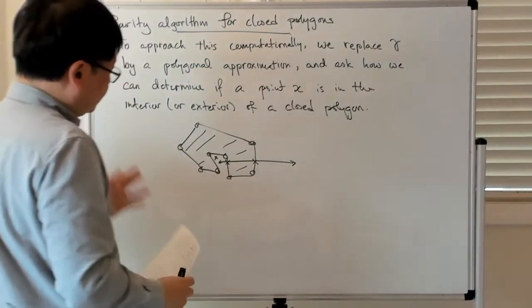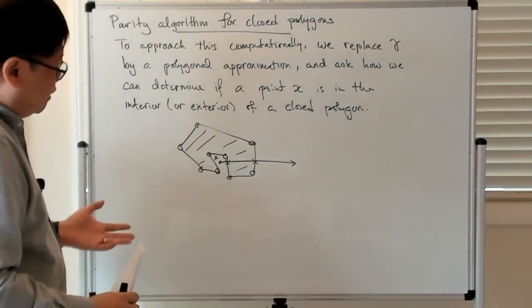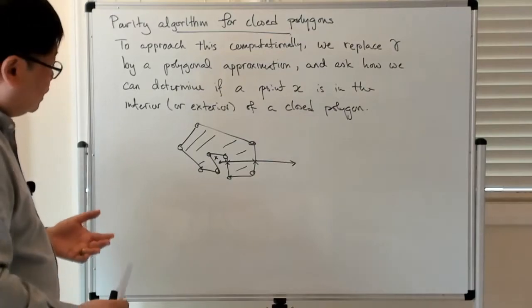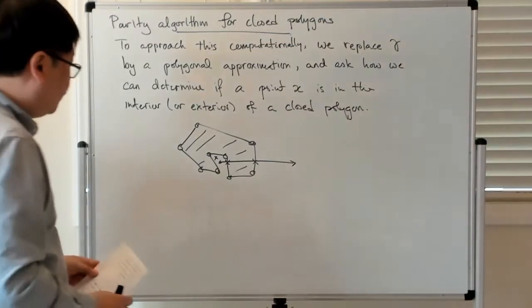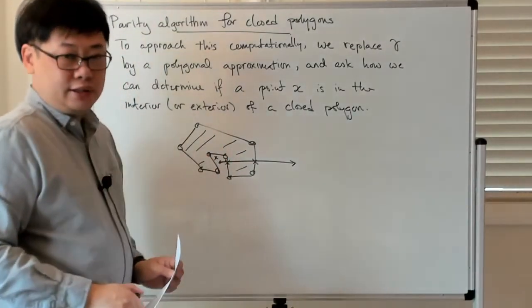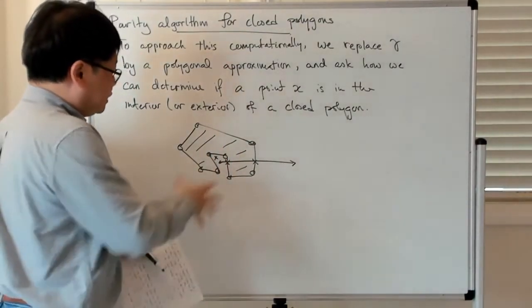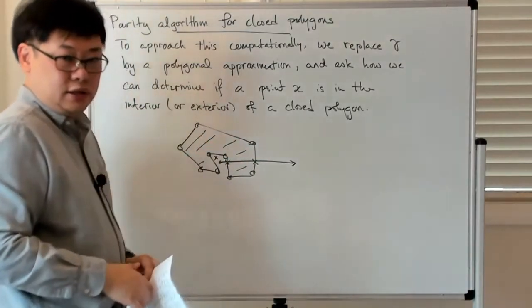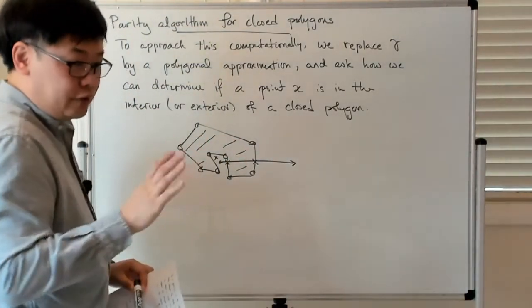There are a bunch of assumptions built in, and generically they will be satisfied, and if they're not, you can perturb the point slightly so that they are satisfied, or maybe you might have to rotate the polygon slightly. So we're not going to worry too much about that.